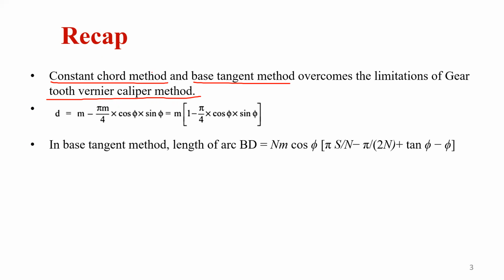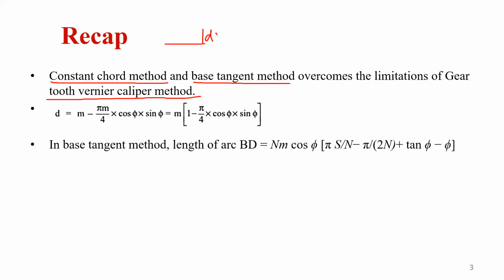That's why this constant chord method can be used as a comparator, because the depth of the constant chord is the same for any size of gear or any number of teeth. With that particular D value, we can measure the thickness of the tooth.